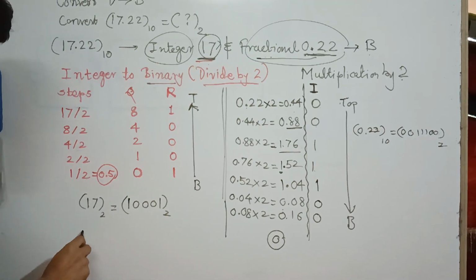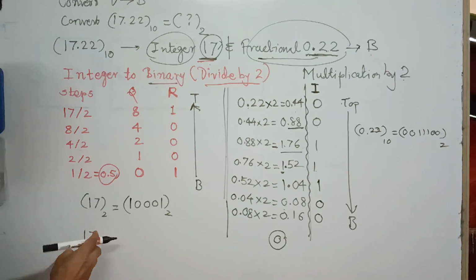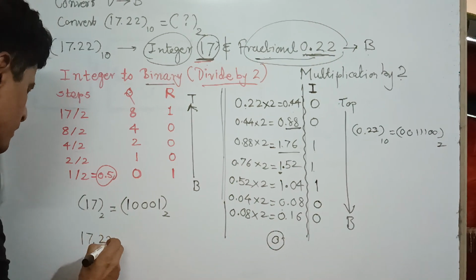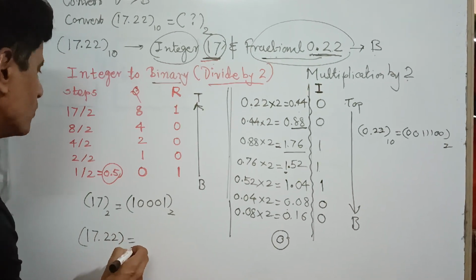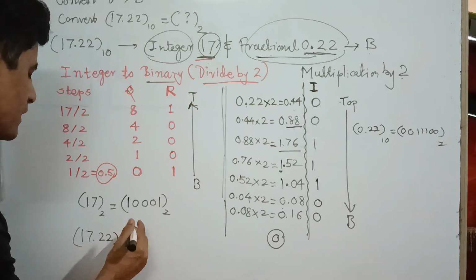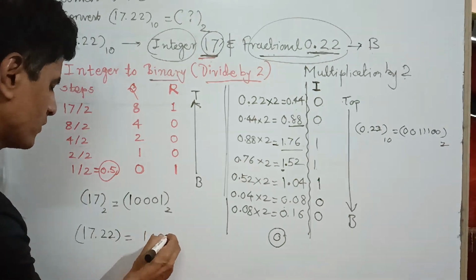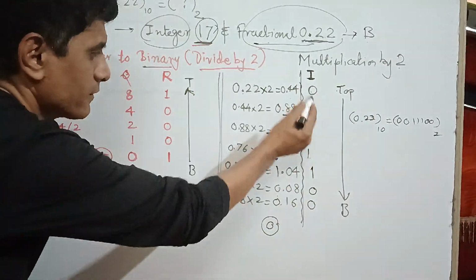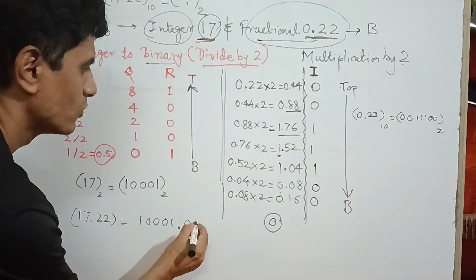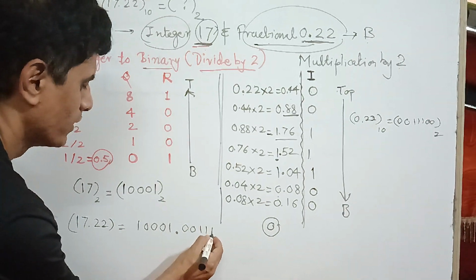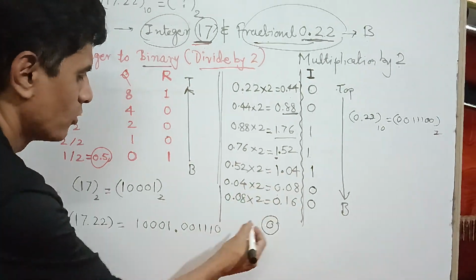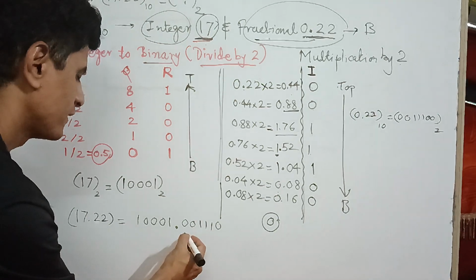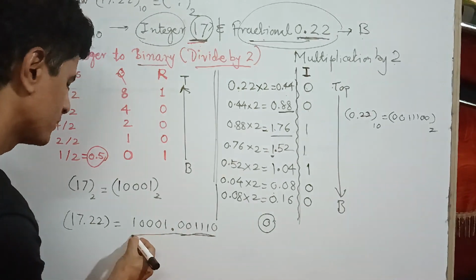Combining, 70.22 is equal to, for 17 we write this part 10001, point, then write these numbers 001110. Dear student, write minimum 6 numbers after the decimal point.